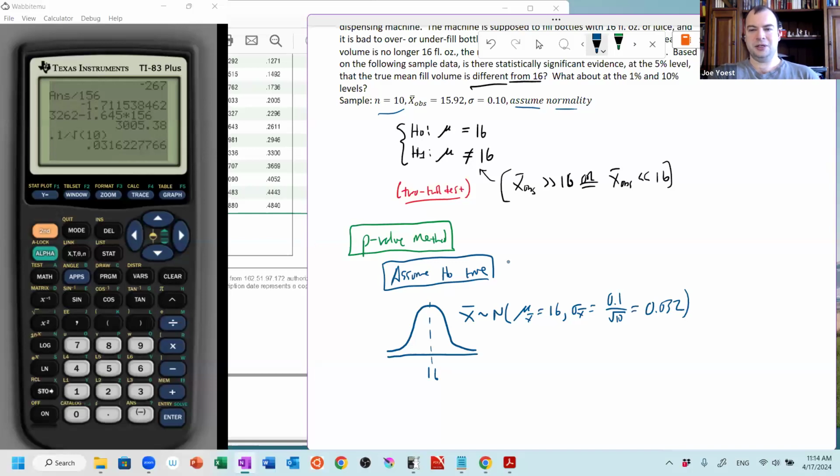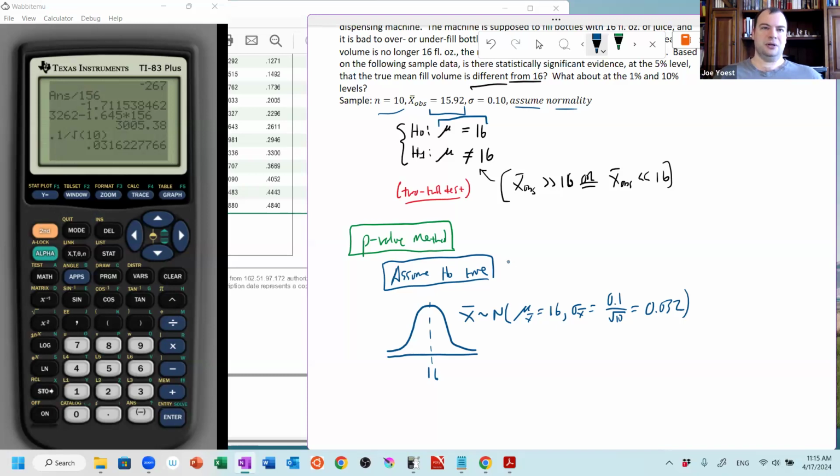Well, we assume that H naught is true because what we're asking is, I have a sample that seems to be discordant with H naught. Could that discordance just be explained by sampling error? Could it be just chance where H naught is actually true, and I happen to get a sample that's a bit farther to the left than I expect, but could very well just be due to sampling error?